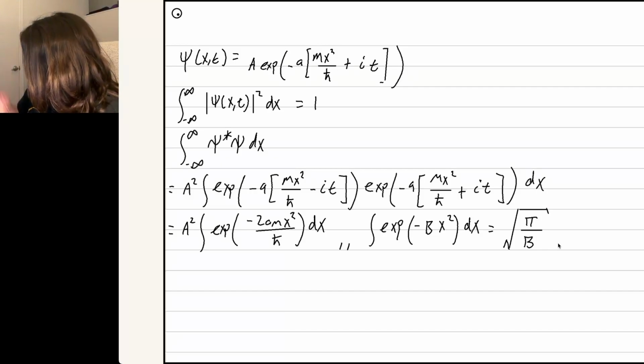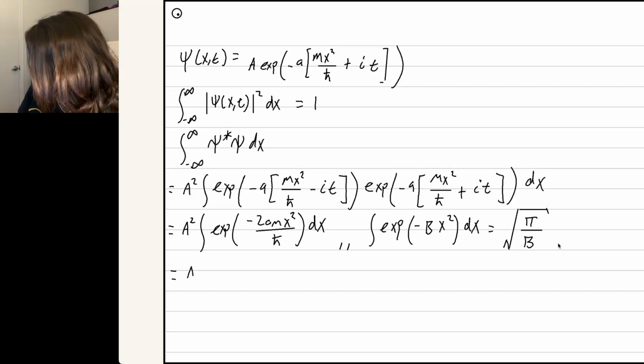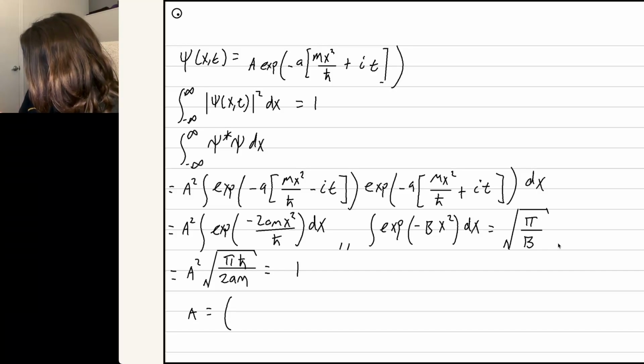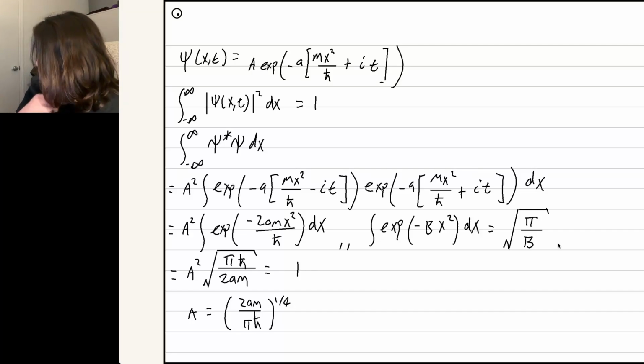So throwing that in there, you'll have a squared times the square root of pi h bar over 2am, and that should be equal to 1. So solving for a, you'll have 2am over pi h bar to the 1/4. Nice. We've normalized it.